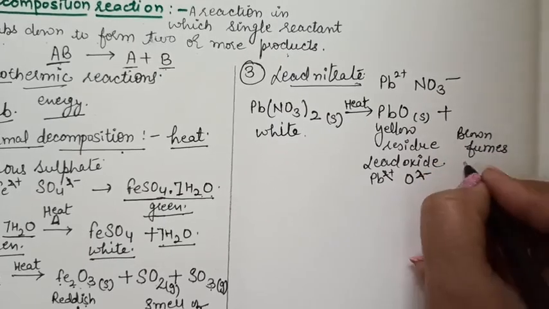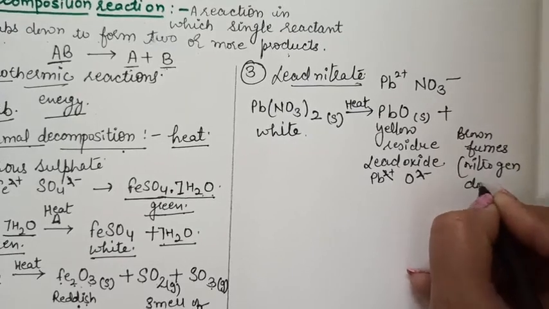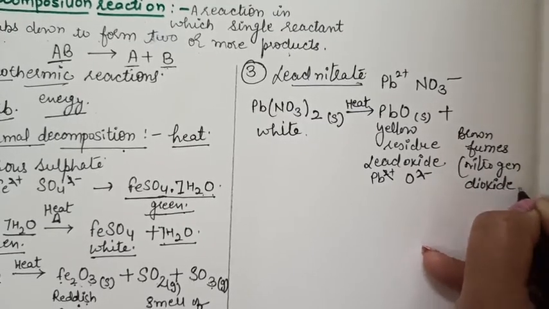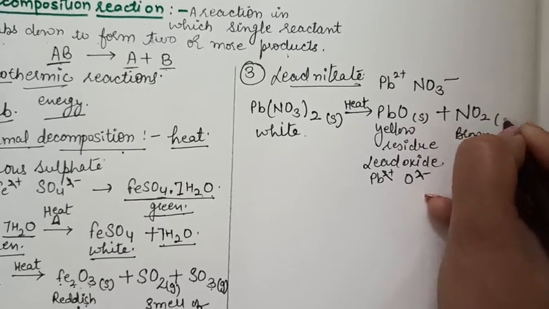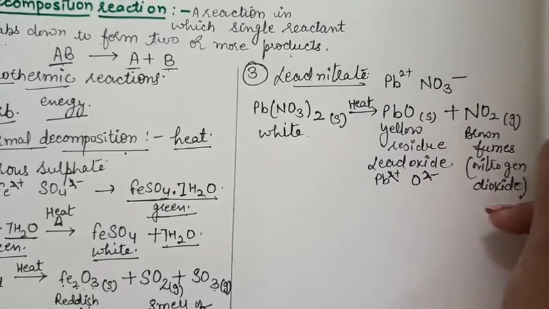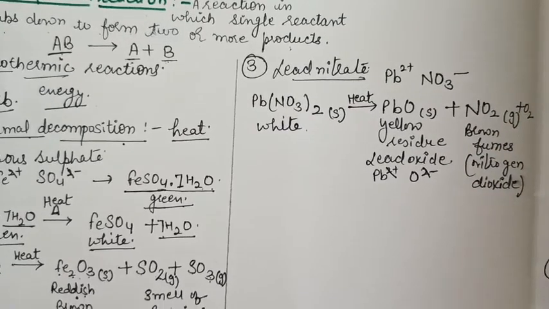Brown fumes are of nitrogen dioxide, that is NO2. It's a gas because the fumes are produced, plus oxygen. So this is the reaction.